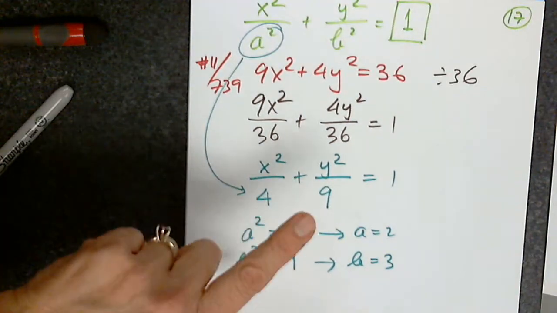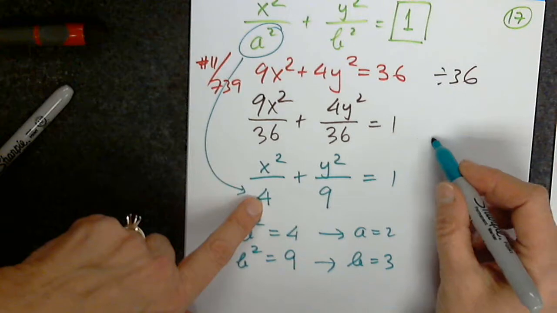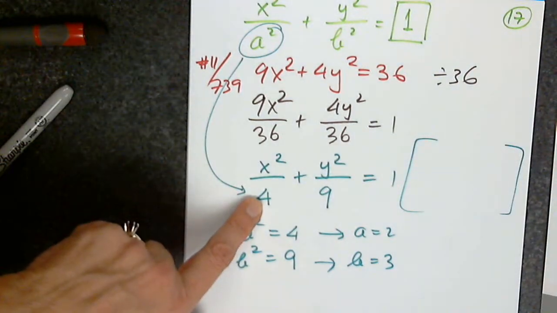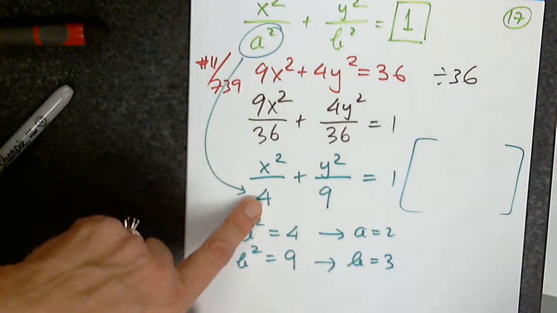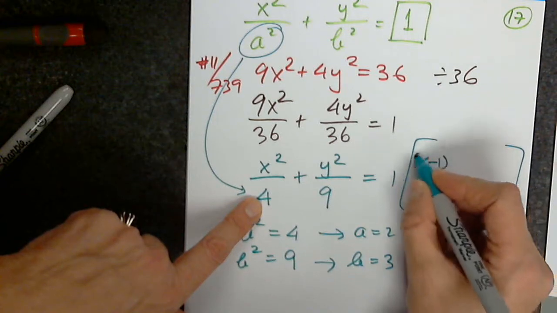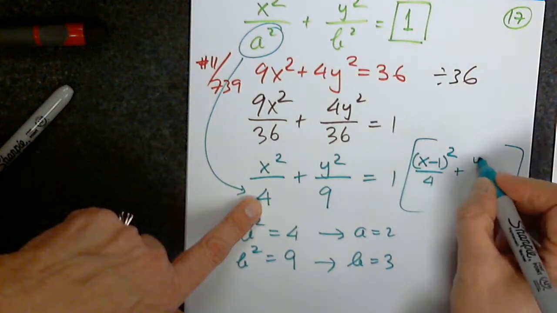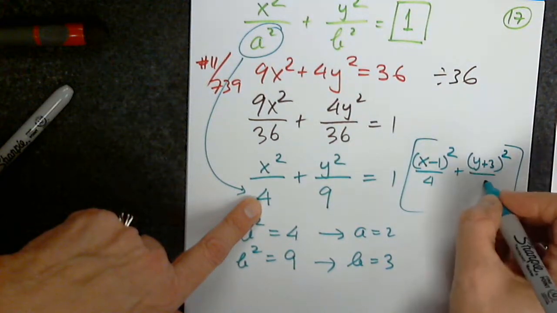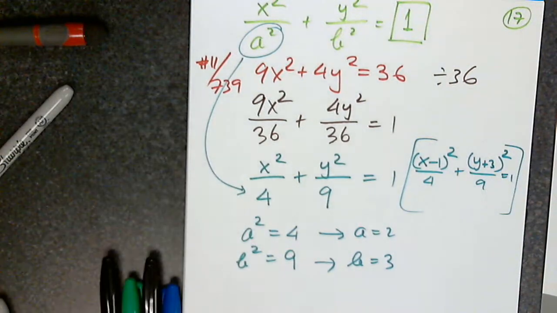What if I have, here's a question for you. In parentheses, we're not going to do this now because this is the last section of this chapter. What if I have this? What will be the center of this ellipse? That's it.